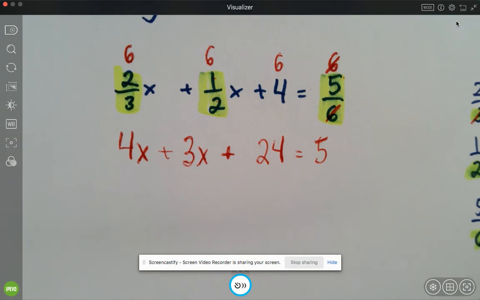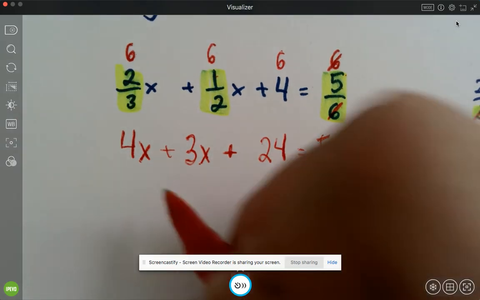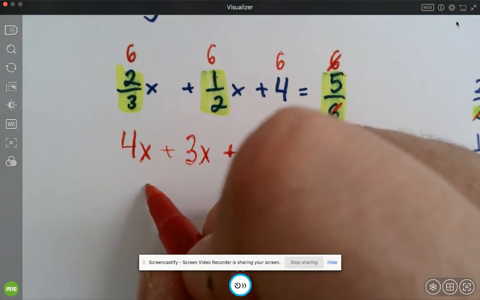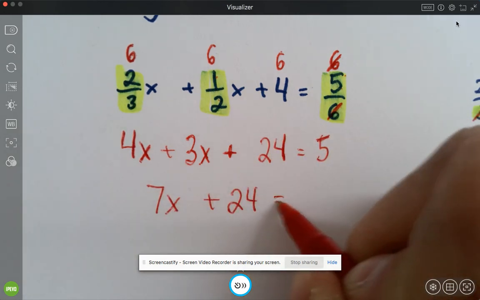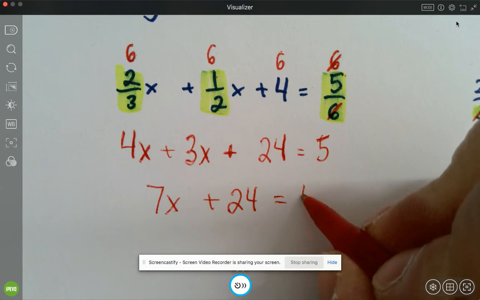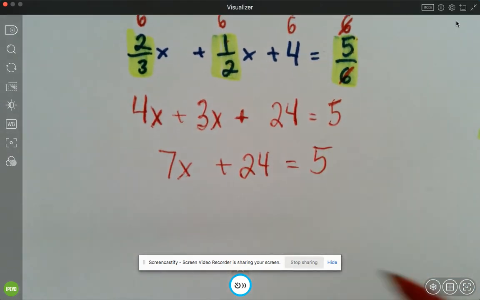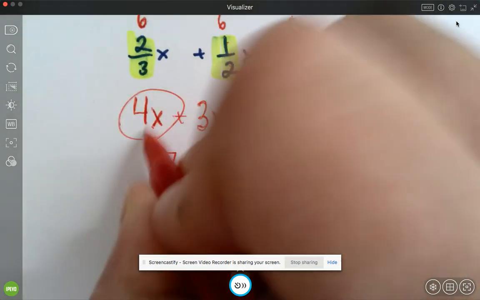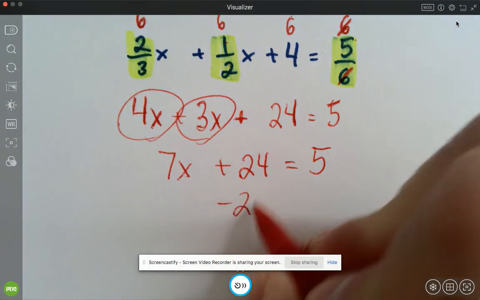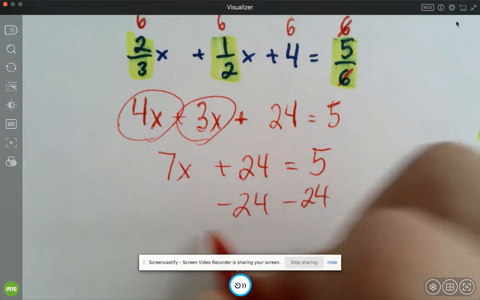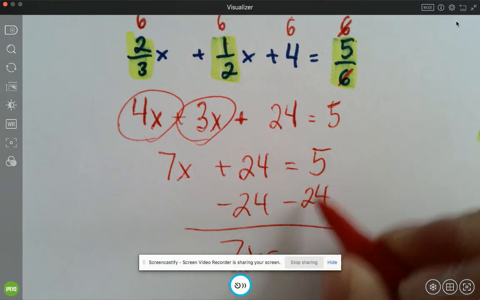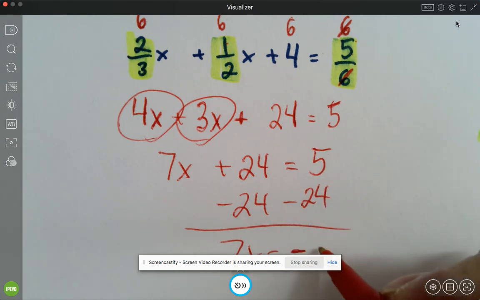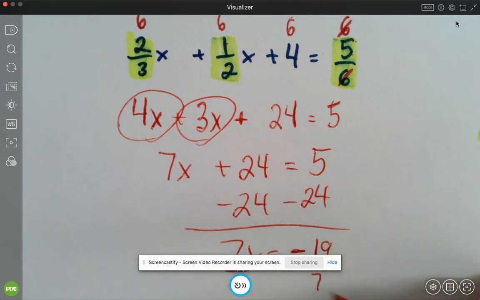Now this is just a multi-step equation. I just made this one up, so I know it's not going to come out even. 7x plus 24 equals 5. Then I combine those two, subtract 24 on both sides, and I get 7x equals negative 19, and divide each side by 7.